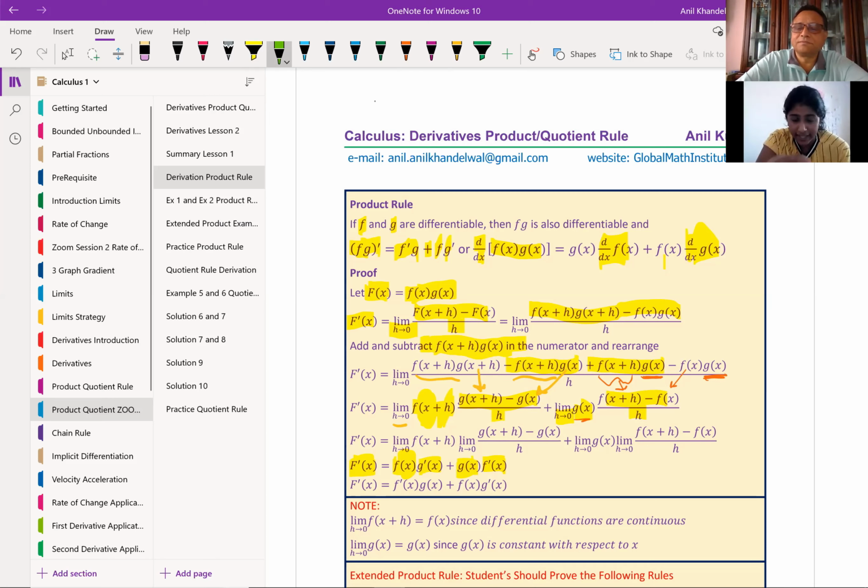The key part to get to the next simplified version is because h approaches 0, in the bracket of f of (x plus h), we can just make h 0, so it cancels out. So that would just become f of x, and then you got the derivative of g of x, plus g of x, because there's no h in it so you don't need to sub anything in, and then you got the derivative of f of x. Perfect, which is the product rule. Perfect. That is what it is.